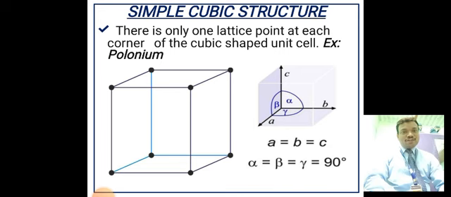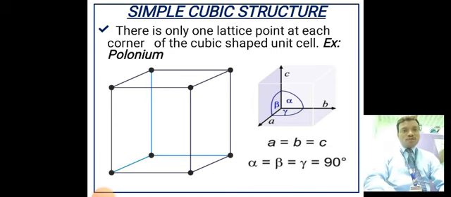There are 8 corners, and in each corner one atom, that is one lattice point, is located, as shown in the picture. So there are 8 corners and 8 atoms. Polonium is in the form of the simple cubic structure.